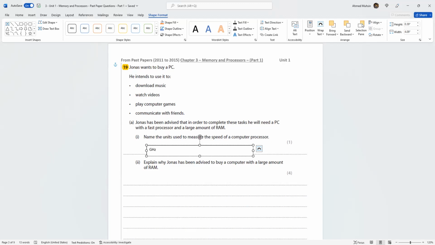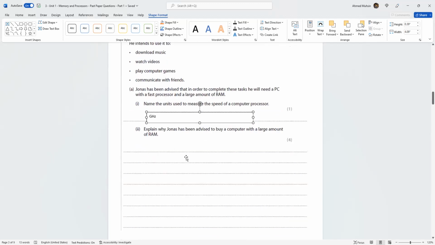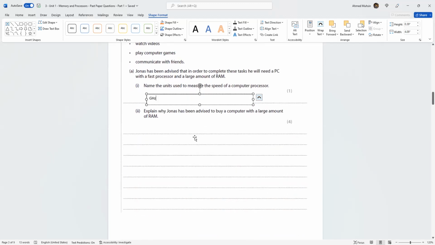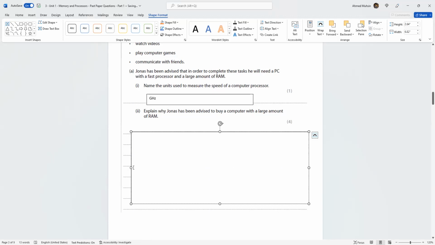Explain why Jonas has been advised to buy a computer with a large amount of RAM. They're giving you 4 marks, so you have to properly explain. Let us first explain the function of the RAM.